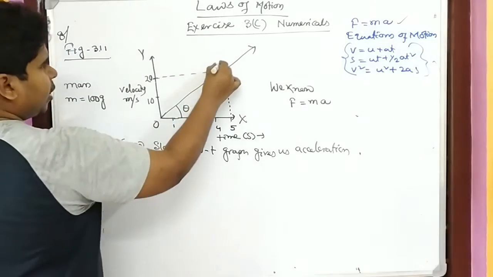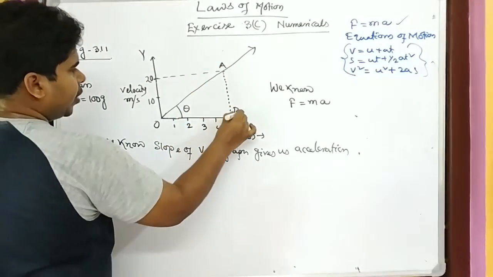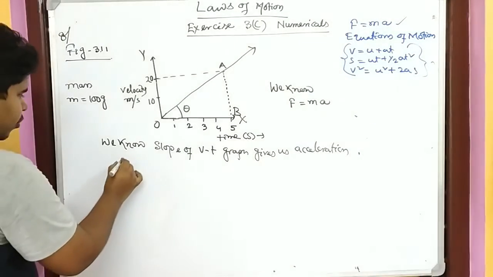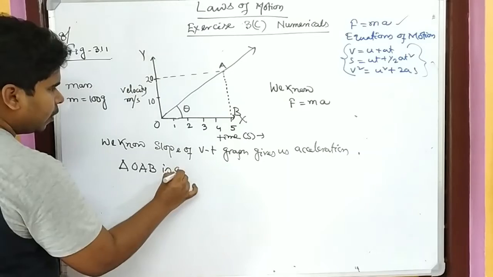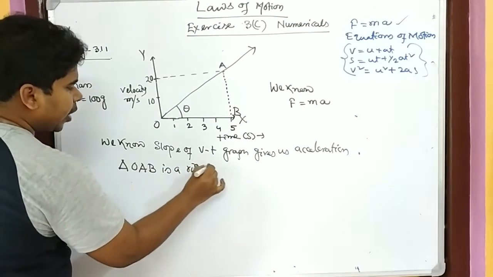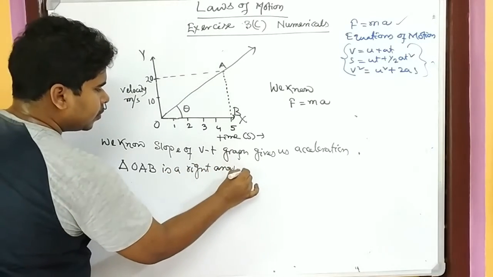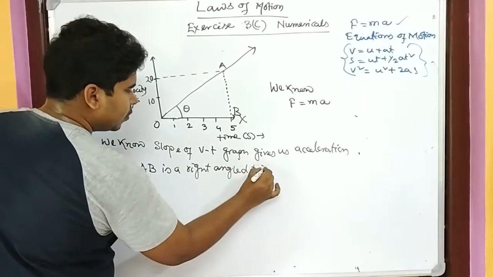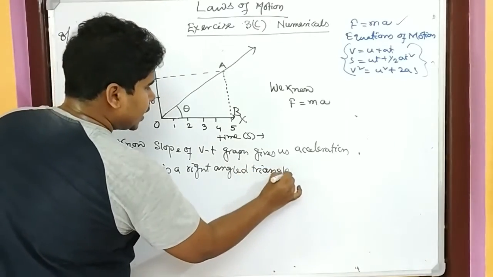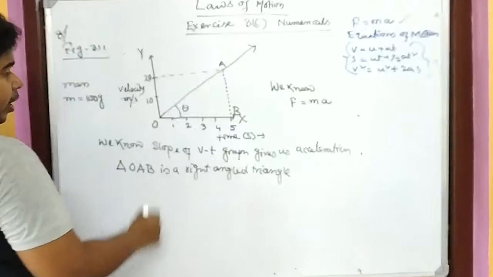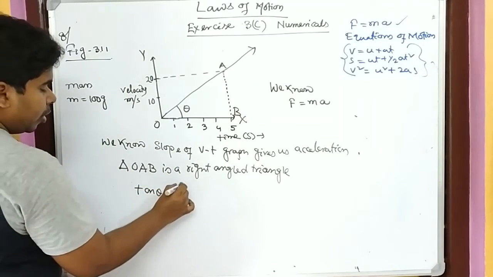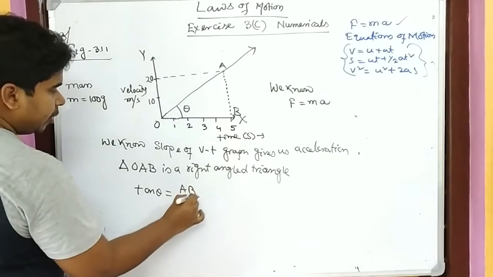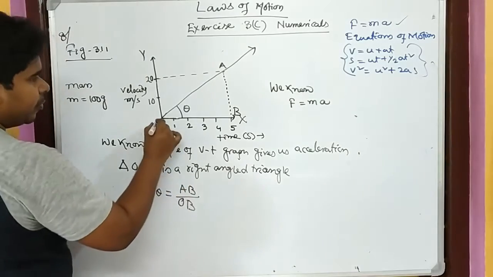So let's take this point A, it is B. So you see, triangle OAB is a right angle triangle. So as it is a right angle triangle, we can find tan theta equals perpendicular, that is AB, by base OB.